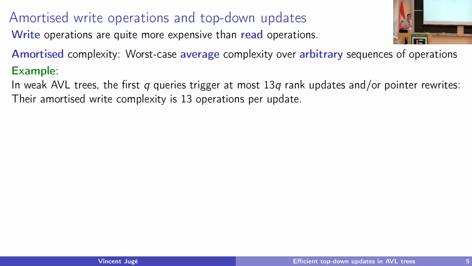For instance, if you look at weak AVL trees and the article of the authors, if you have Q queries starting from an empty tree, you would have at most 13 Q updates, corresponding to reevaluating the rank of a node or making pointer changes, because I had 2 children and now I will have 2 new children. And so in particular, the amortized write complexity will be at most 13 operations per update.